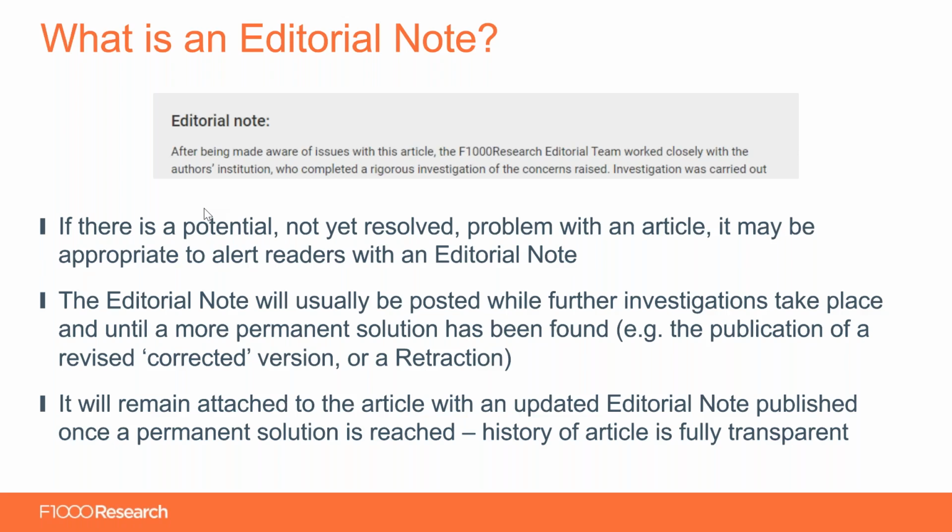The editorial note will usually be posted while further investigations take place and until a permanent solution is found, which may result in a revised corrected version or retraction. The editorial note will remain published with the article, with an updated one published once the permanent solution is reached. So this enables the full history of the article to be fully transparent and allows readers to follow exactly what has happened to the article since publication.